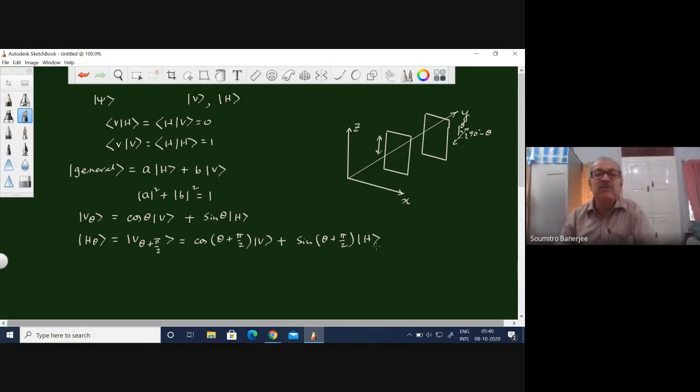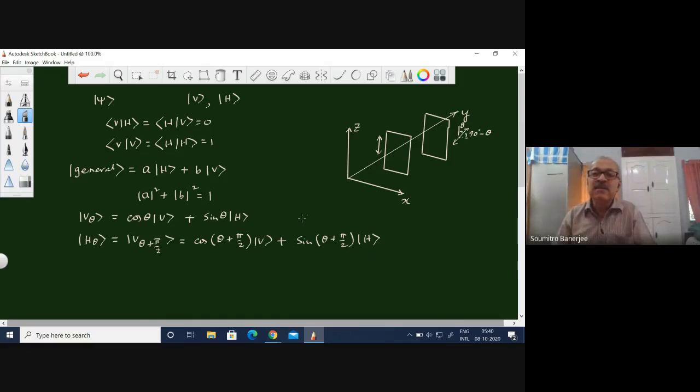So there are two possible ways of polarization. This is quite different from what we learned in the case of electrons. In electrons, the vertical direction has two possible spin magnitudes, plus h cross by 2 and minus h cross by 2.